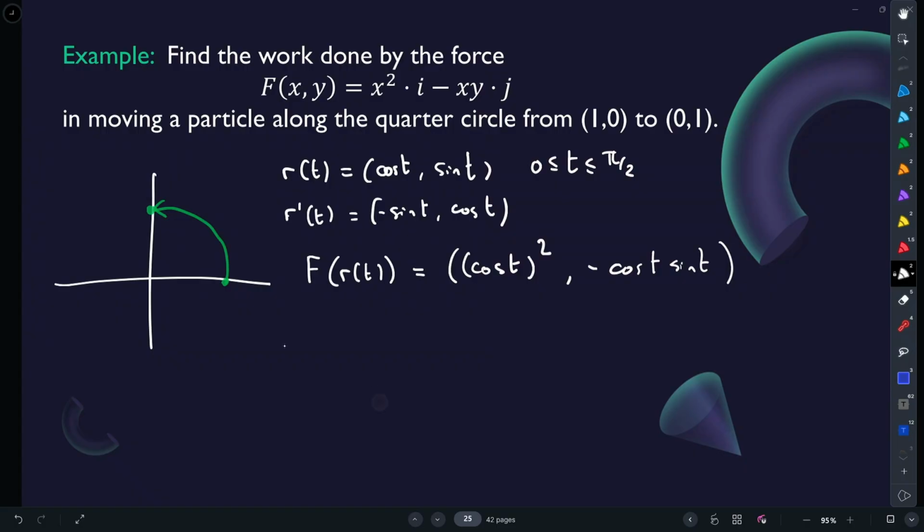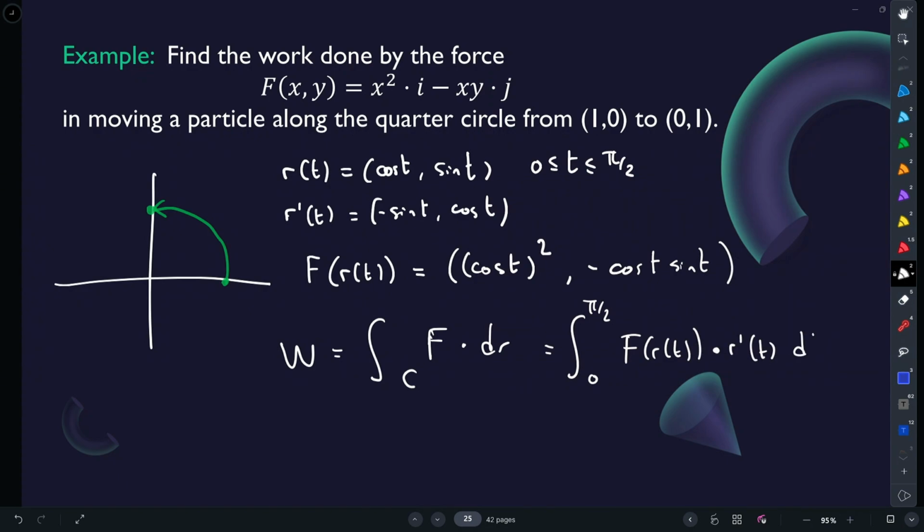Okay, so now the work is the integral over that path of F dot dr, which is going to be, going from 0 to pi over 2, F of r of t dot product with r prime of t dt. So I need one more thing before I compute integrals, which is the dot product of F of r of t with r prime of t.